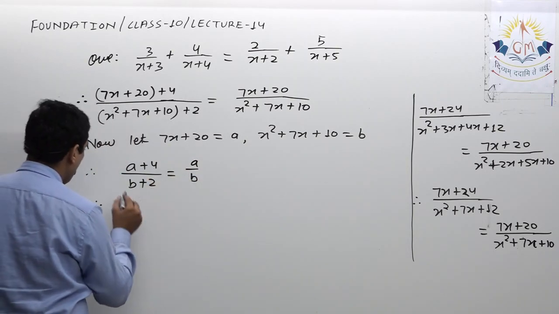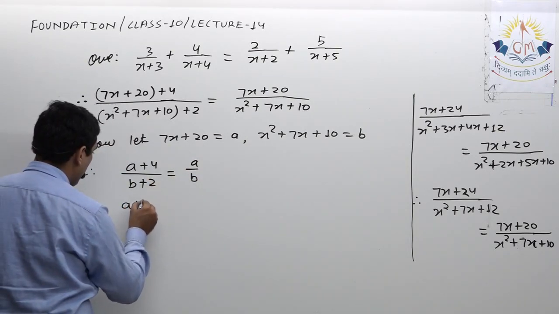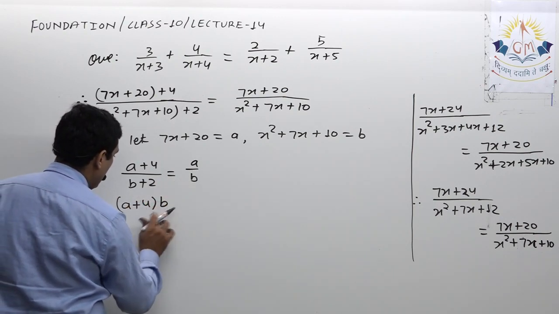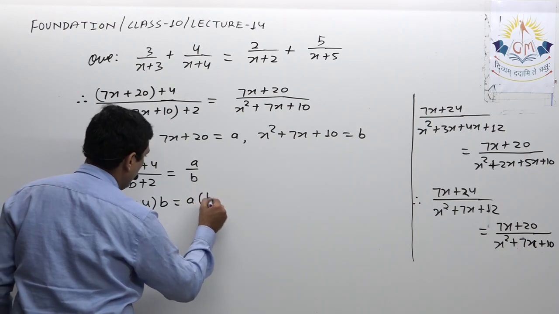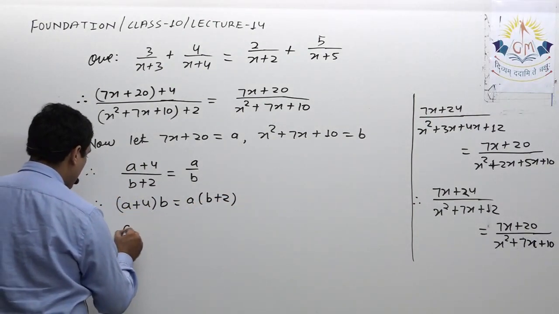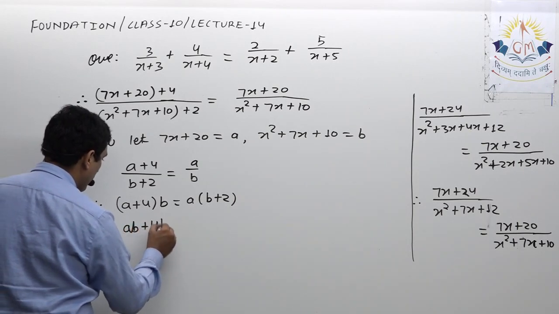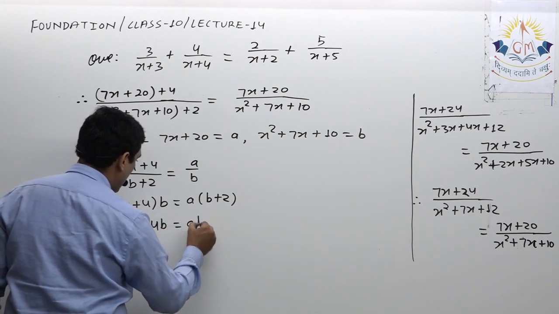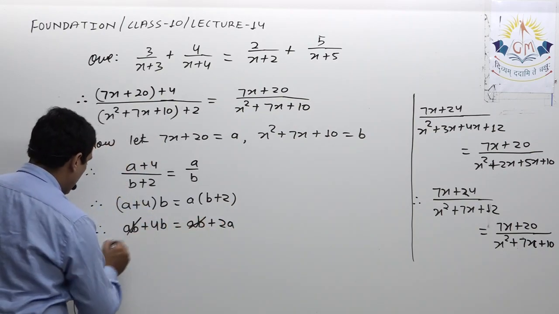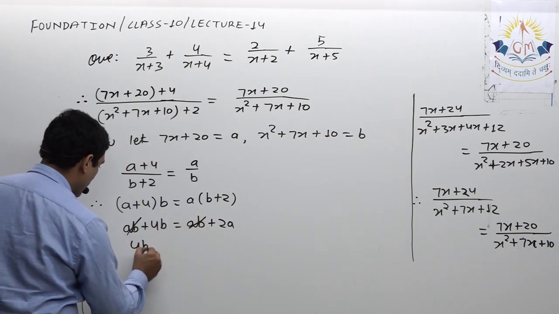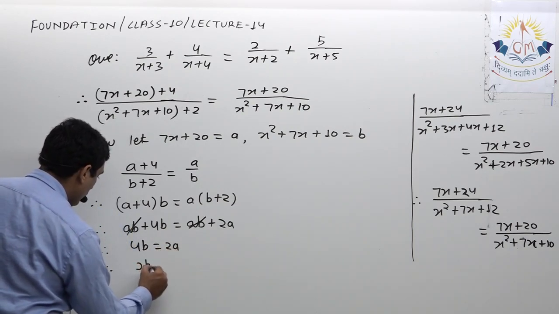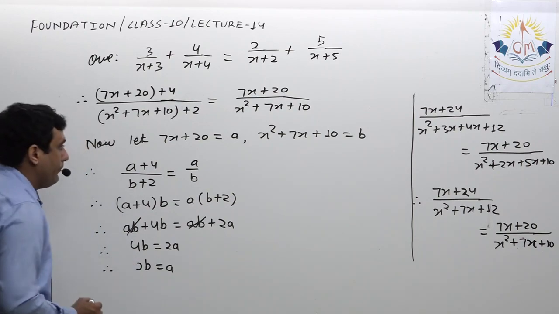So on cross multiplication, (a plus 4) into b is equal to a into (b plus 2). Therefore I'll get ab plus 4b is equal to ab plus 2a. Now ab and ab will cancel out, so 4b is equal to 2a, therefore 2b is equal to a.